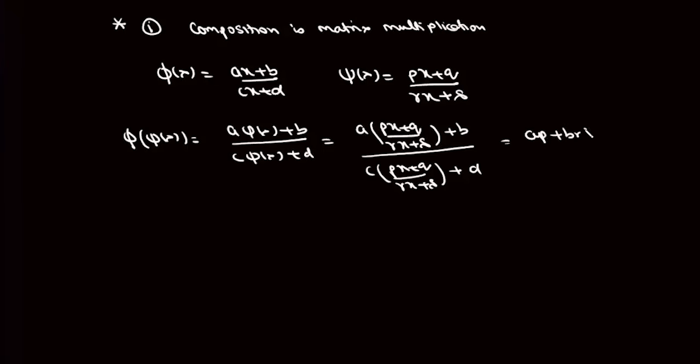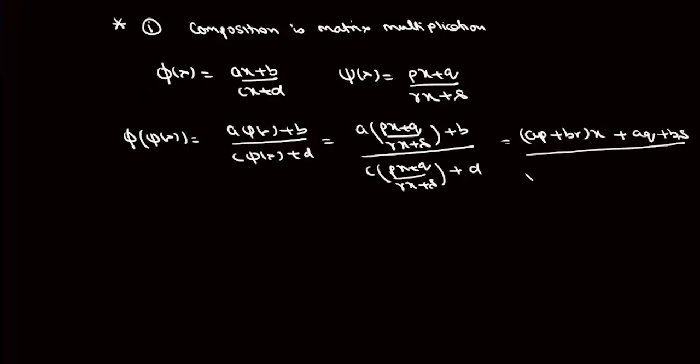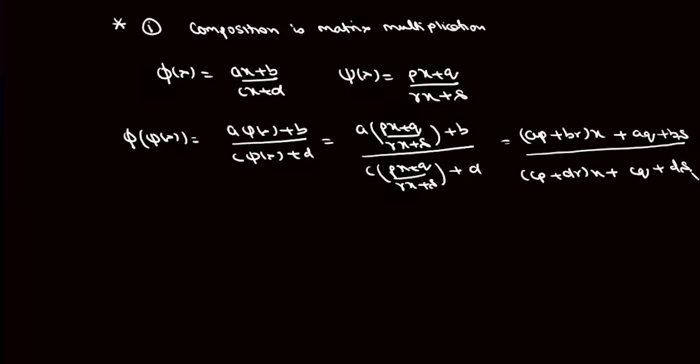Now we can write this as ap plus br x plus aq plus bs, upon cp plus dr x plus cq plus d into s.